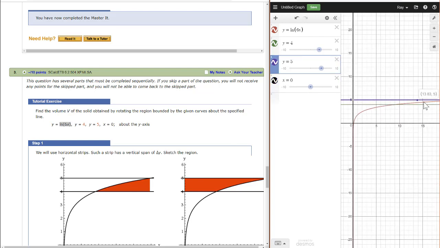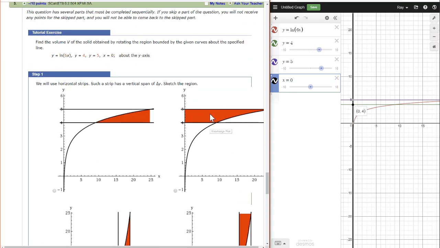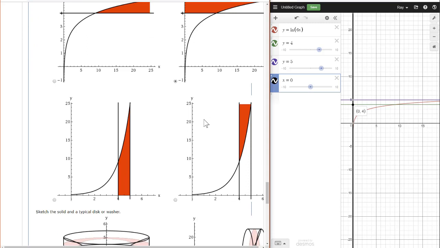There's this little space here between all those curves. Okay, so it looks like it's going to be this space over here. We got the ln function, we got the two horizontal lines, and we got the y-axis. So this is going to be the good candidate for the drawing.